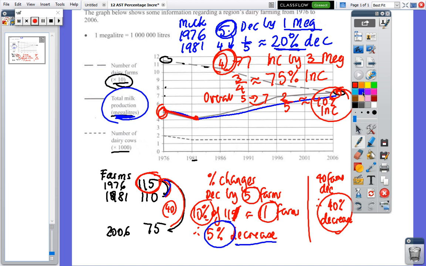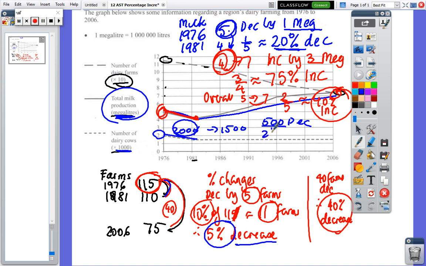The last thing we look at is the number of cows. Again, these are in thousands. This number here is 2,000 and this number here is 1500. So the number of cows has decreased in that period by 500. Now this is where we knock off a 0: how many lots of 200 are in 500?